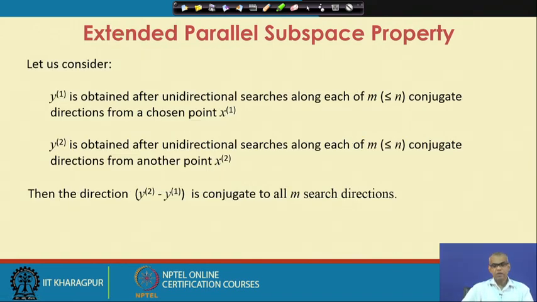Now, let us talk about extended parallel subspace property, which is basically extension of what we have just seen, parallel subspace property. Let us consider y 1 is obtained after unidirectional searches along each of m conjugate directions from a chosen point x 1. M is less or equal to n, where n is the number of variables.